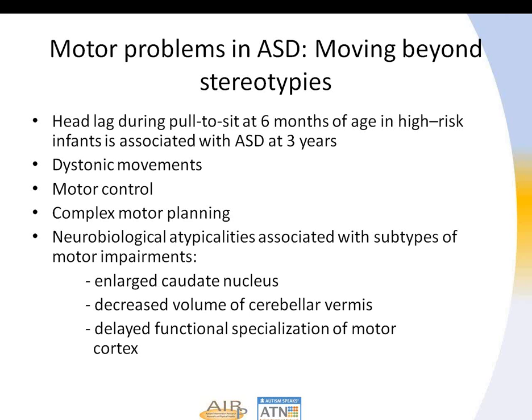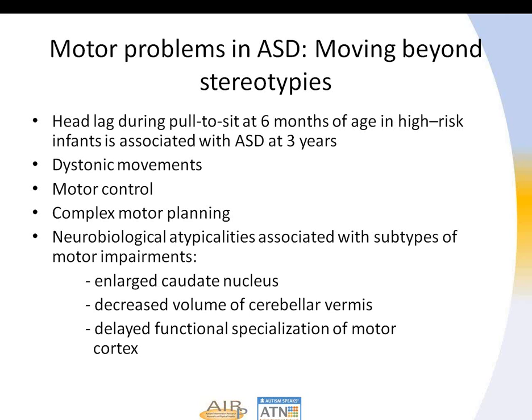So then, what are some of the motor problems that we often see in this population? And that is going beyond the stereotypies, the repetitive behaviors, the restricted behaviors. Things like the head lag, which at 6 months of age in these high-risk infants is associated with ASD later at 3 years. Dystonic movements, motor control, complex motor planning, and this is something that's very characteristic, the difficulty with coordination and planning.